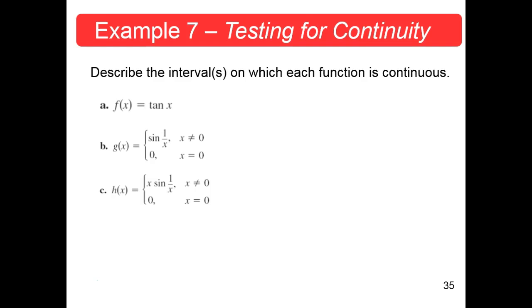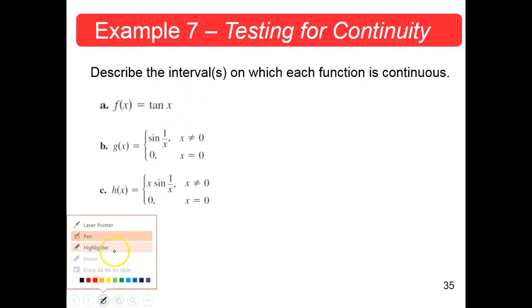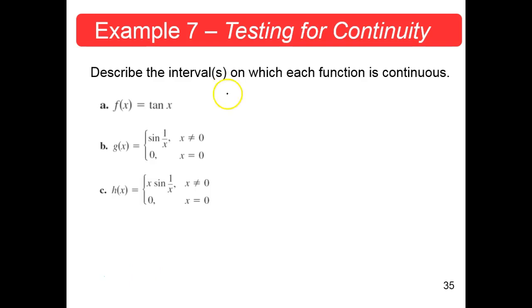All right, so let's describe the intervals on which each of these functions is continuous. Where is f of x equal tangent x continuous? Not in the half pi's. The half pi's, usually we'll call that 2n plus 1 times pi over 2.